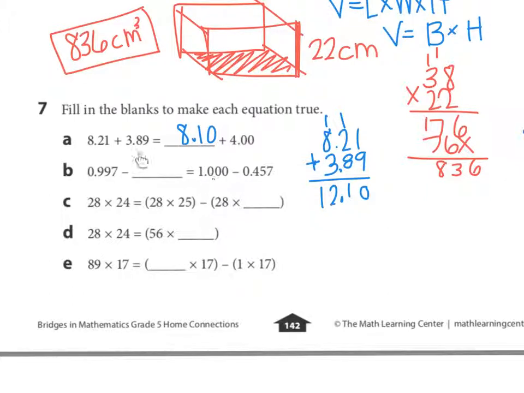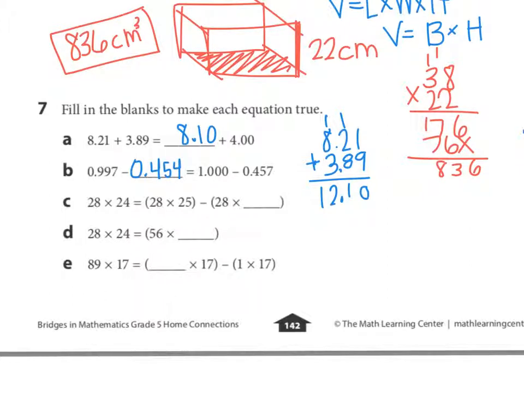So if this is 3 thousandths more, then it means this blank here is going to be 3 thousandths less than this number, because I took from this number, gave it to this number to make it more. So therefore this is going to be 457 minus 3 thousandths, which would be 454 thousandths.